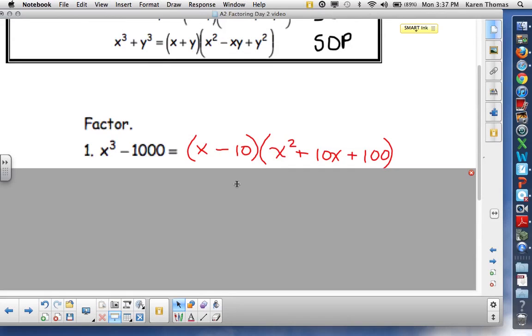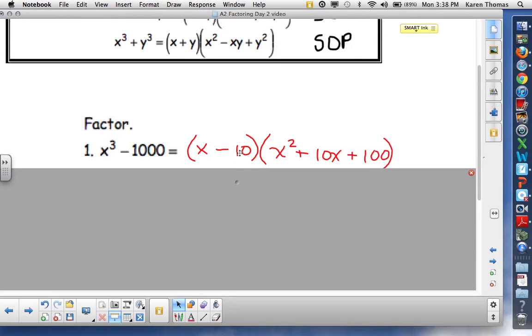I'm going to take the cube root of x to the third, and I write x in the first set of parentheses. I have 1,000. The cube root of 1,000 is 10, because 10 times 10 is 100, times 10 is 1,000. So I write the cube root of 1,000 in the last term of this first binomial.